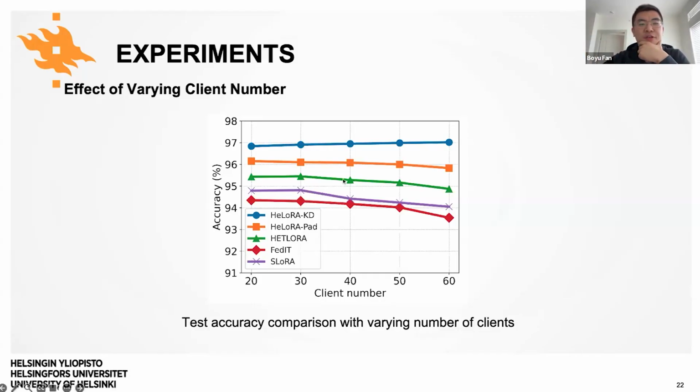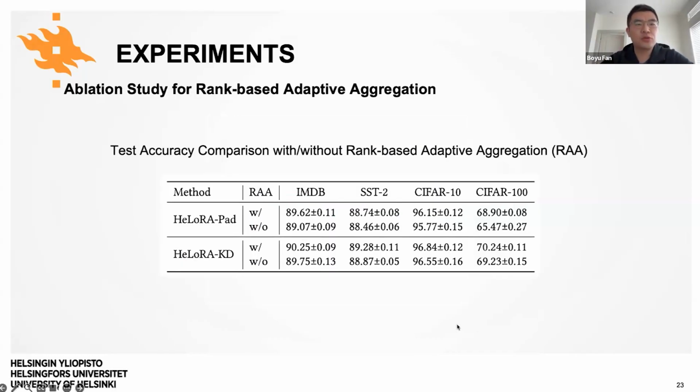And the rest work much worse than us. We also do an ablation study for the rank-based adaptive aggregation, which is the R value. With it, it has slightly better performance than without it.